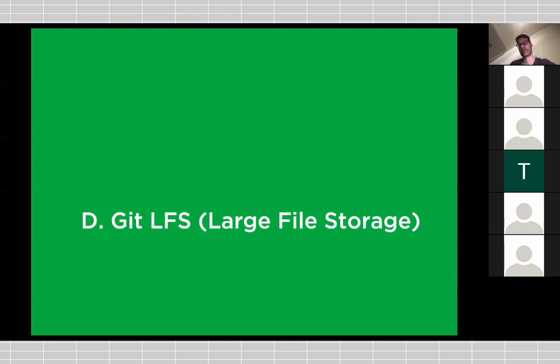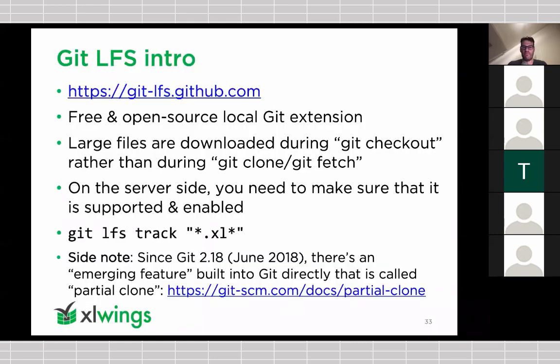And for this, there is another open source and free local Git extension, and it's called Git LFS, for large file storage. There's the link for all the information. It's an extension which is developed by GitHub and Bitbucket and, I'm sure, many other people, but I believe these are the companies who initiated Git LFS at the beginning.